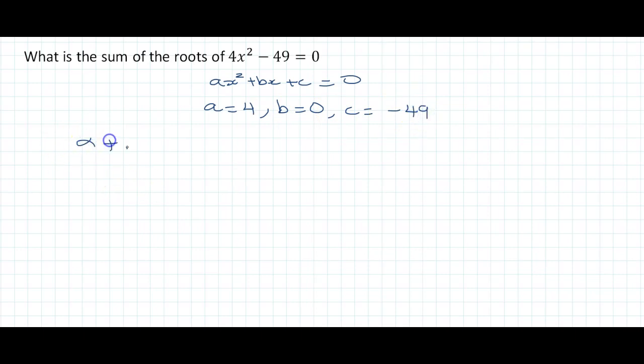So alpha plus beta is -b over a, which is equal to -0 over 4, which is 0. So you can see here that the sum of the roots here will be 0, and this pretty much tells you, if you factor this, you'll find out that this is the difference of two squares.